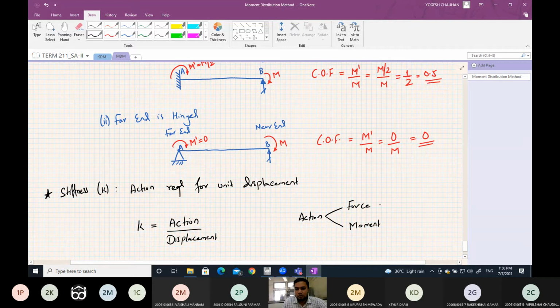If the action is in terms of force, the corresponding displacement will be deflection.